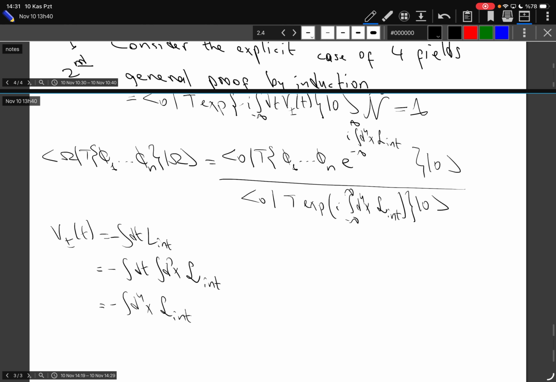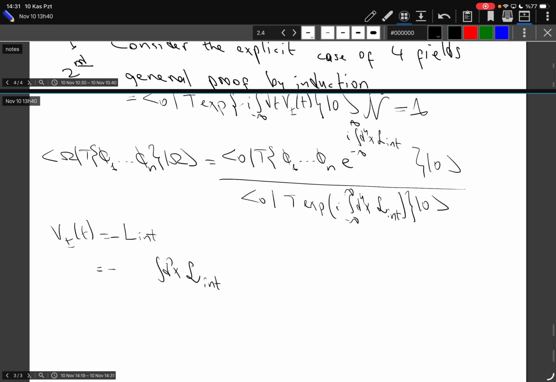You see, what is not Lorentz invariant is this. I'm only integrating over the three space coordinates.